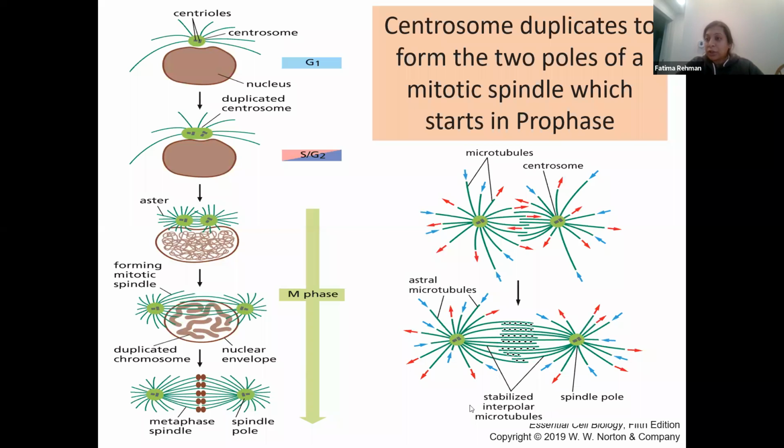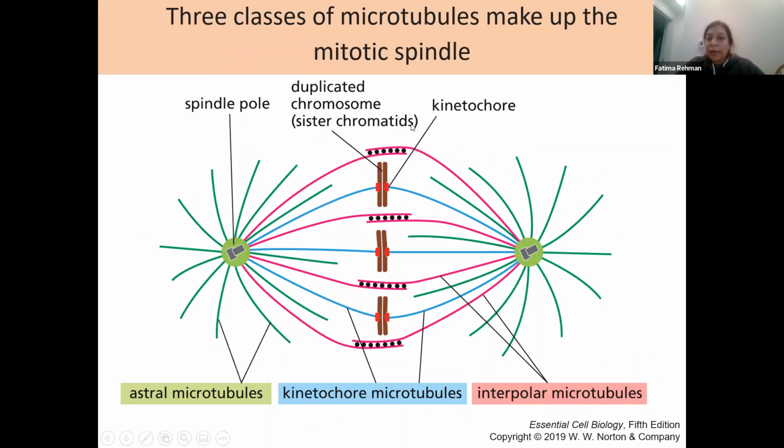The stabilization of these internal microtubules is essential for that structure to remain long enough and correctly formed so that you can have the metaphase spindle occur and the proper cell division happen. Now, if we were to look at it a little bit more closely, you have the astral microtubules.